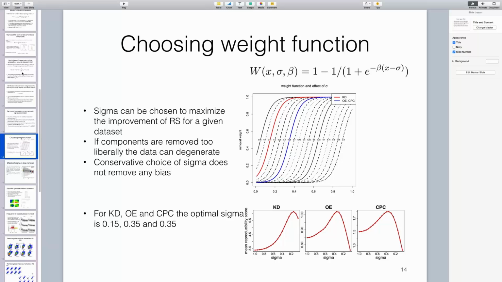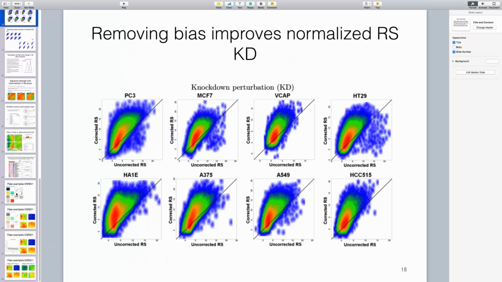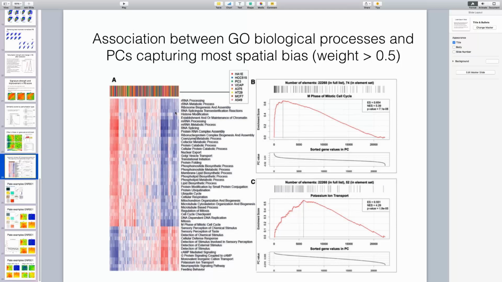So in general, most of the things I've shown are the principal component values, which are all the genes together. Sure, because if we look at this, we identify that there are certain principal components that seem to be conserved over all the plates.